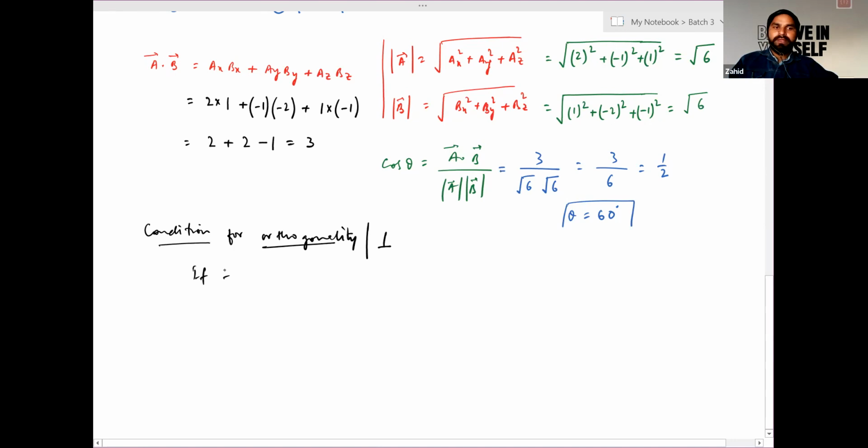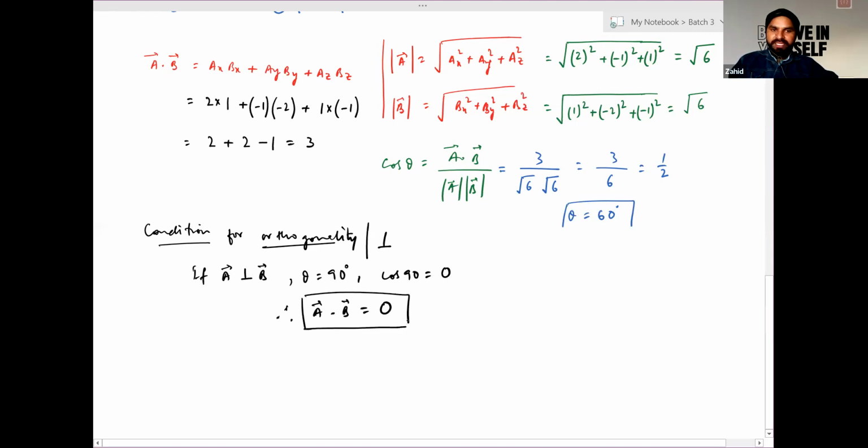Suppose vector A is perpendicular to vector B, it means theta will be 90 degree and cos of 90 degree will be 0. Therefore, dot product of them will be 0. So whenever you have to define perpendicular condition for two vectors or orthogonality of two vectors, take dot product and put it to 0. Is it clear?